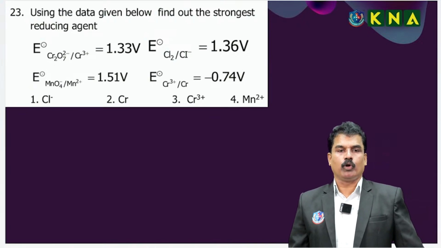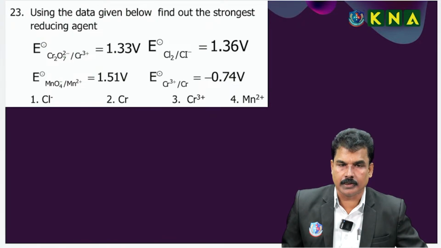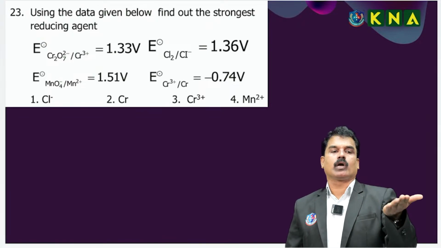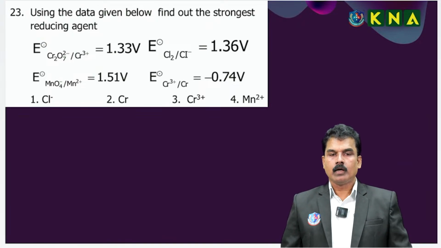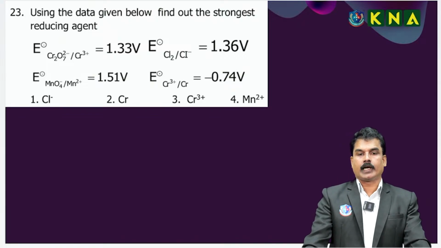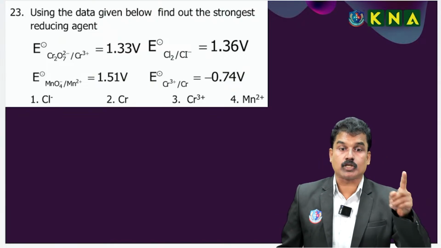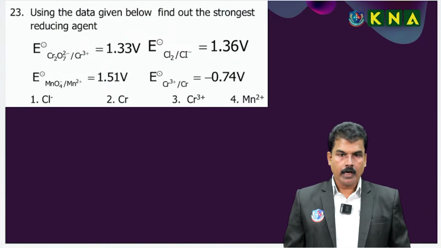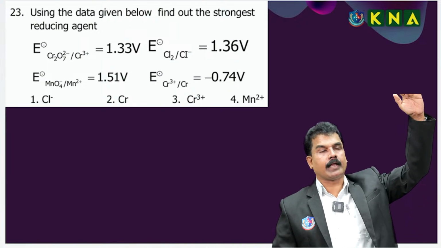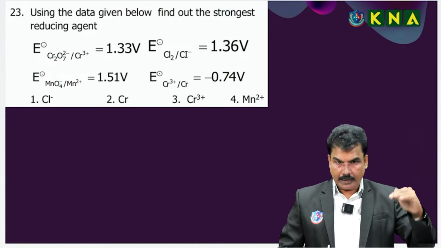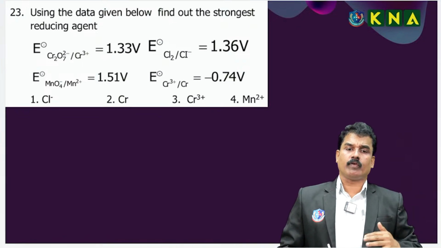Using the data given below, find out the strongest reducing agent. In our NCERT textbook also, the first question is based on arranging them in increasing order of reducing agent. How can we arrange based on E0 value? If you write the reactivity series starting from potassium, calcium, magnesium, you can write it in both directions.